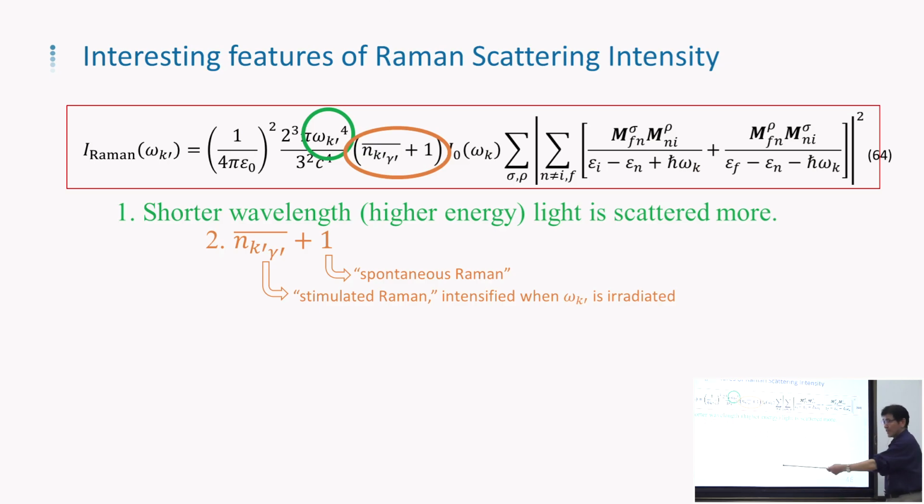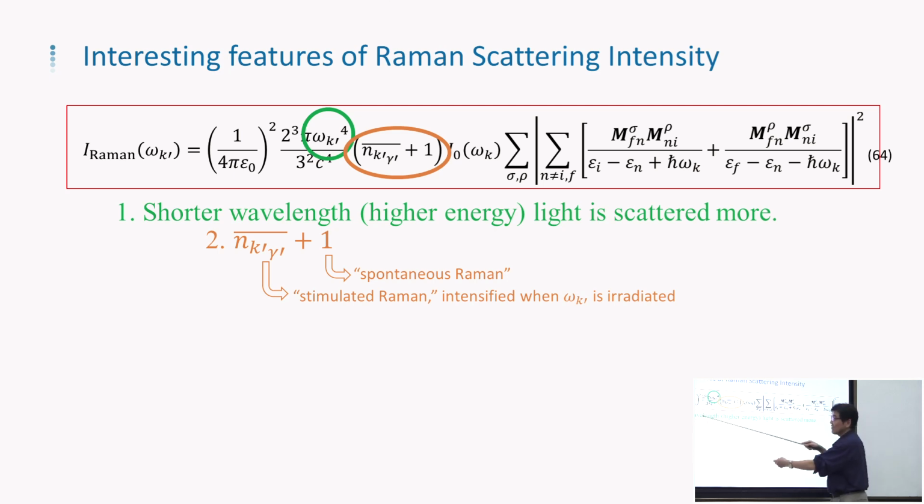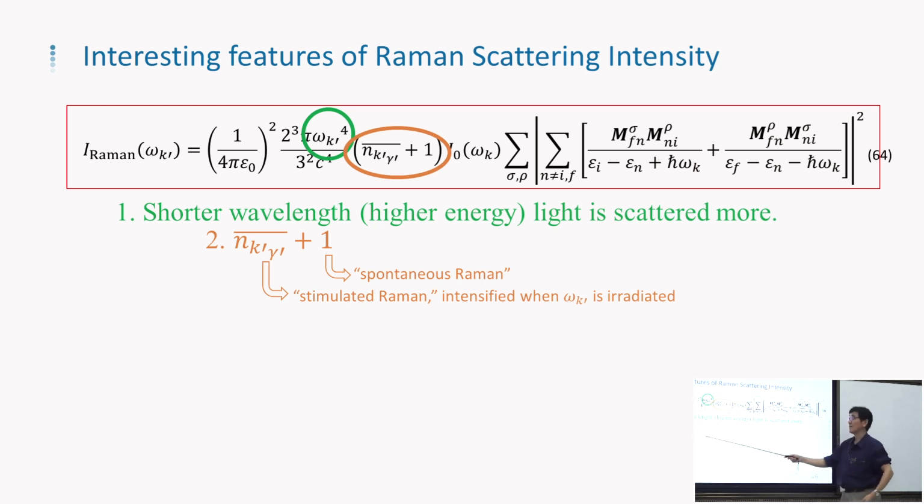By introducing the same light as the Raman scattering besides the excitation wavelength, Raman signal increases more. This is so-called stimulated Raman scattering that is intensified when omega k' is irradiated. So we can enhance Raman signal by separately preparing the same wavelength as the Raman signal. This is so-called stimulated Raman scattering.